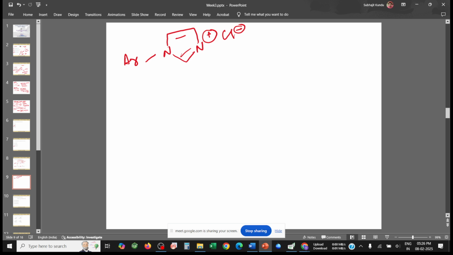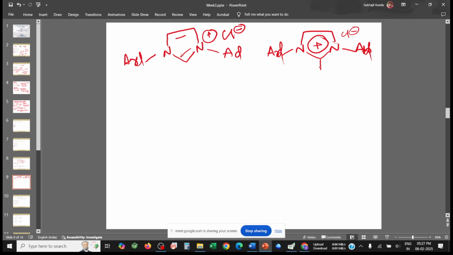That's why the best way of representing this molecule is with the positive charge delocalized over both, this is Ad, not Ar, this is Ad, and Cl minus.